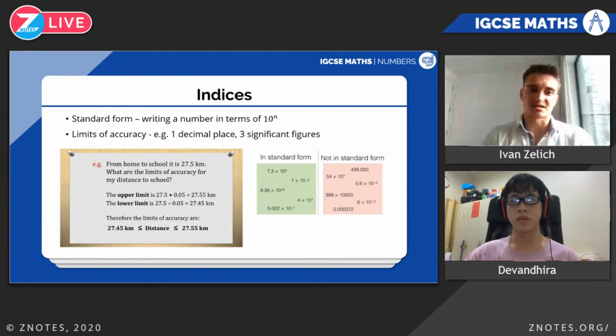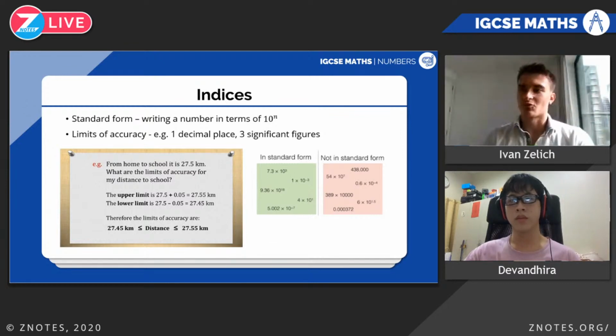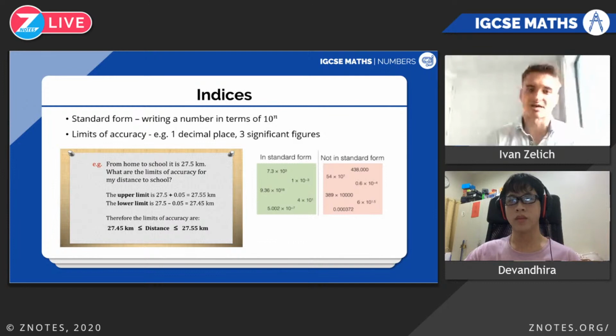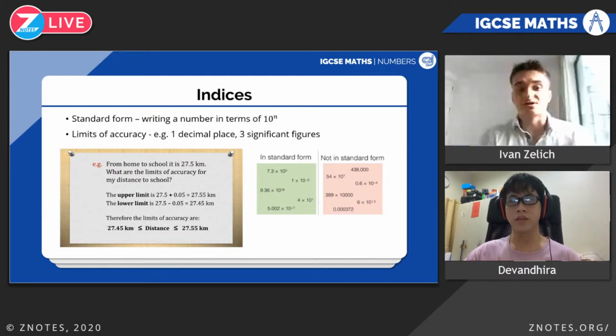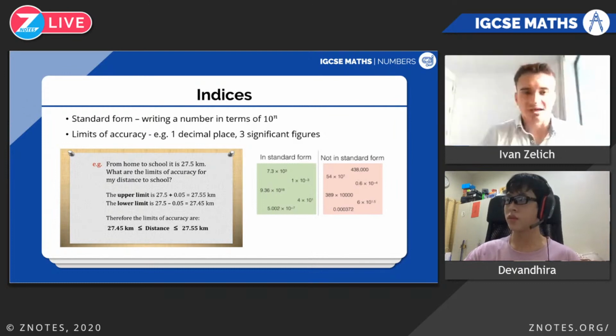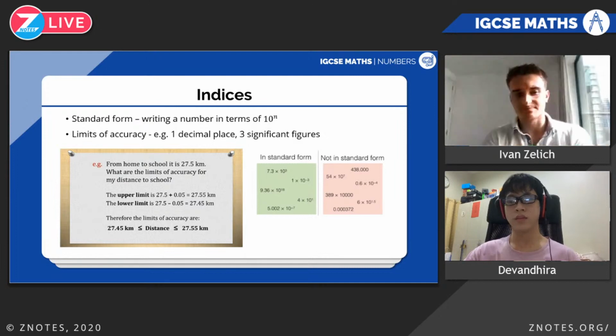So the reason these things are important is mostly because of science, to stipulate what degree of accuracy you have when you're doing an experiment. When you do the calculations, you've got to take that into account. Here we have an example of a different type of thing, limits of accuracy. The distance from home to school is 27.5 kilometers.